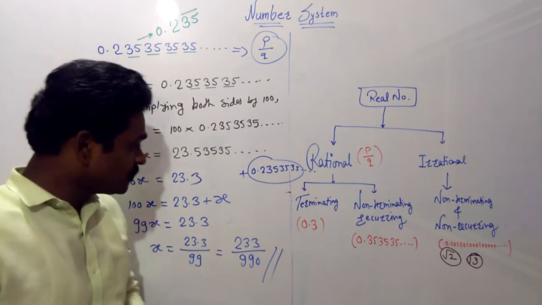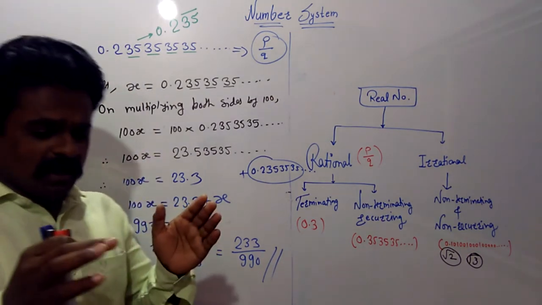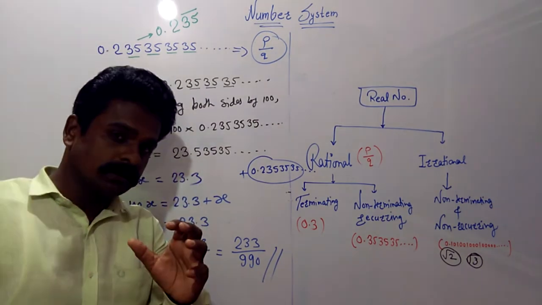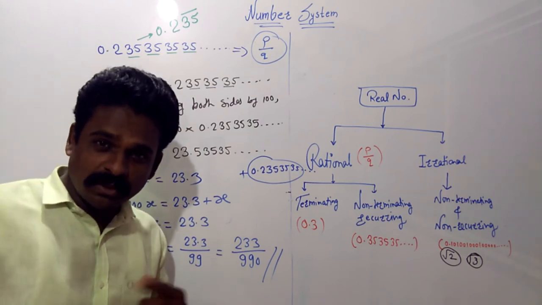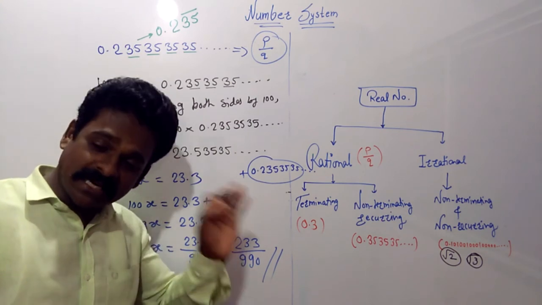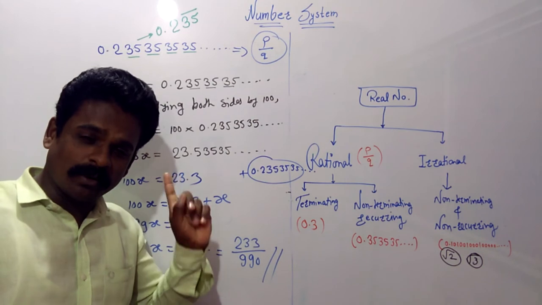Okay, so this is the third example from that category. That means if decimal form is given to you, then you just need to do what? Consider it as x, count the number of digits which are going to repeat again and again. That means count the digits under the bar. If one digit is there, multiply by 10 on both sides.